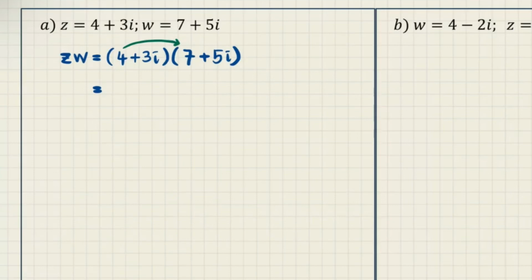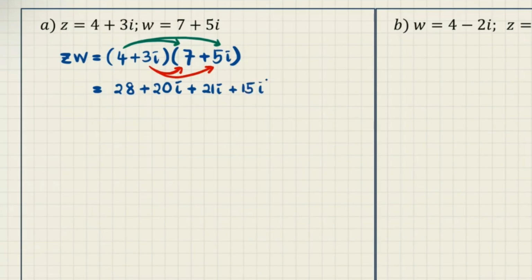So 4 dengan 7, 4 dengan 5 dahulu. So 4 multiplied by 7 is 28. 5 multiplied by 4 is 20. Okay. Kemudian kita ada 3 multiplied by 7 and 3 multiplied by 5i. So here we have 21i and plus 15i squared.